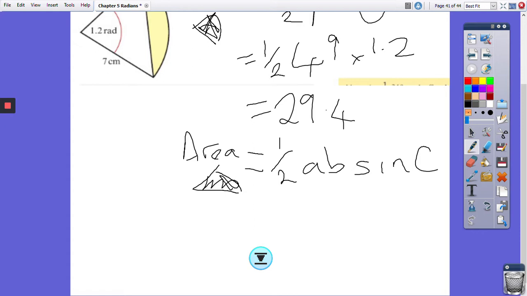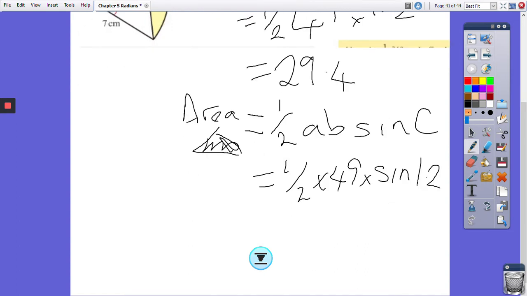Now what we've got here is an isosceles triangle because the top and the bottom are both 7. So we're going to do a half times 49 times sine of 1.2, and when you do that, you get 22.8.